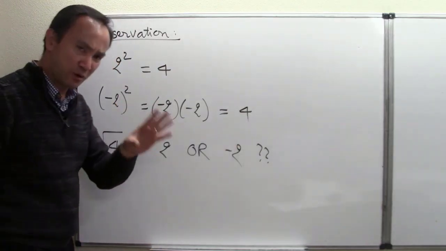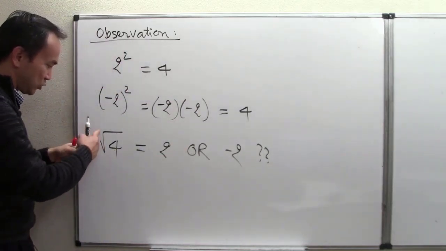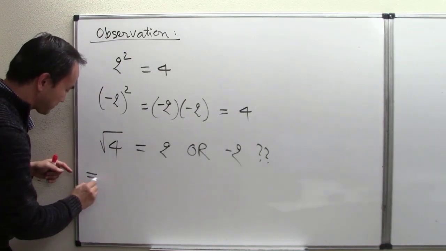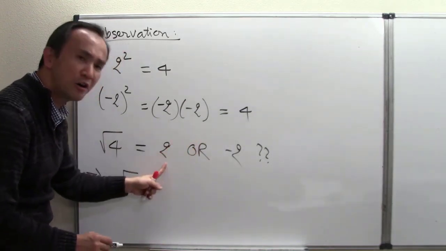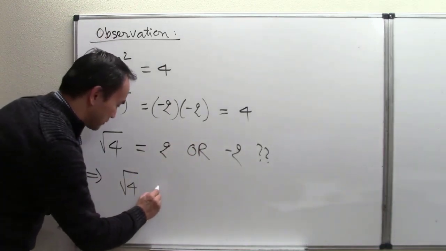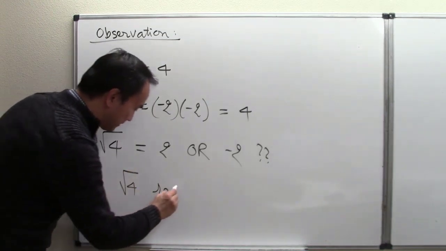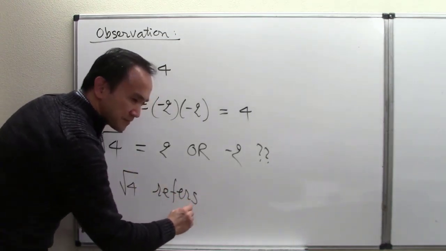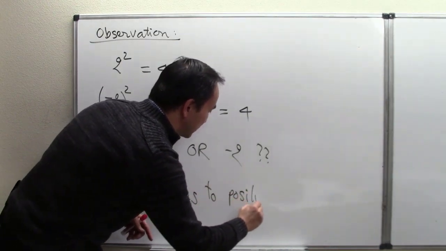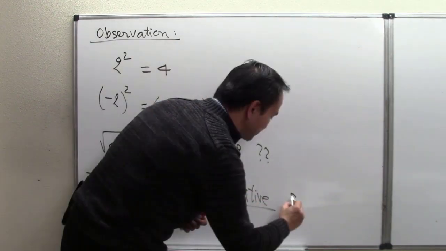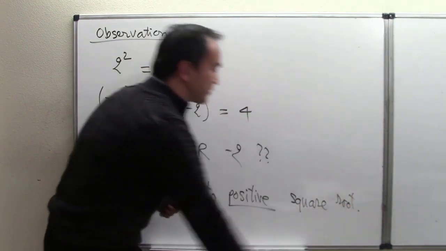So now what I'm about to say is really a convention. So now the truth is, when you say square root of 4, so when it says square root of 4, it refers to the positive square root. So just that simple, just simply that symbol right there, it refers to the positive square root.